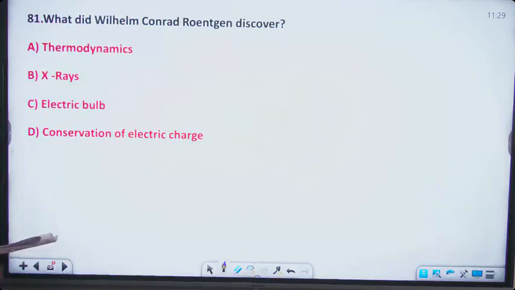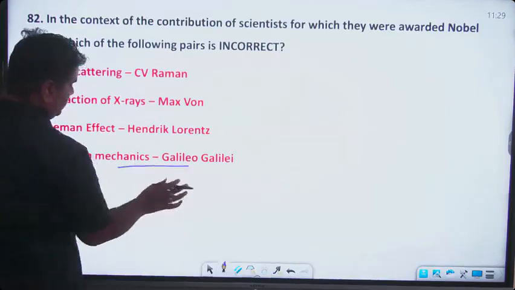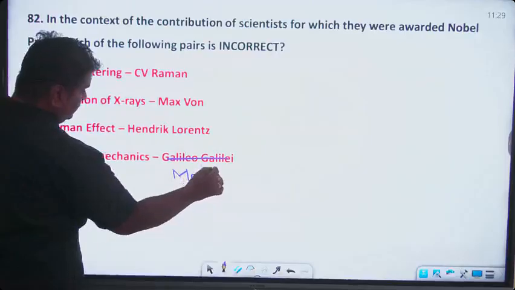What did William Conrad Roentgen discover? X-rays. In the context of contribution of scientists for which they were awarded the Nobel Prize, which of the following pairs is incorrect? Quantum mechanics was proposed by Max Planck.